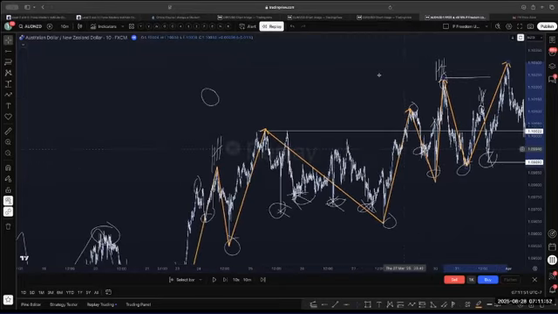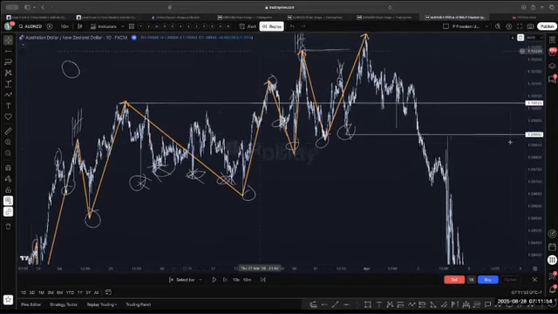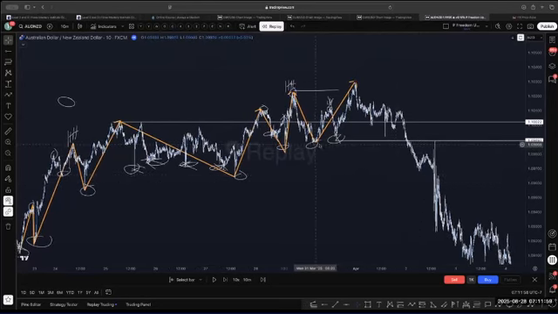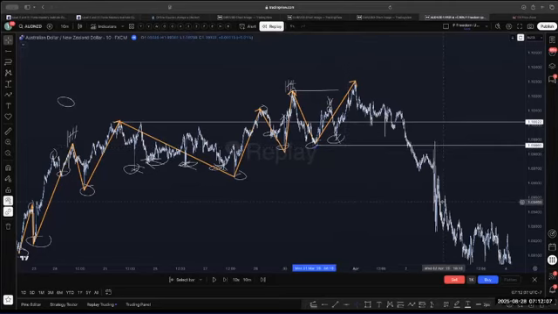So now that the smoke has cleared, where is the highest low that created the highest high? It's right here. Okay, it's right here. This is the highest low that made the highest high, making this our impetus level, not this.